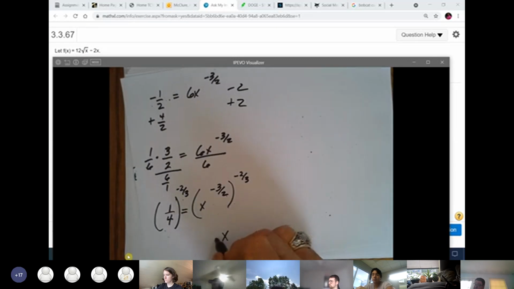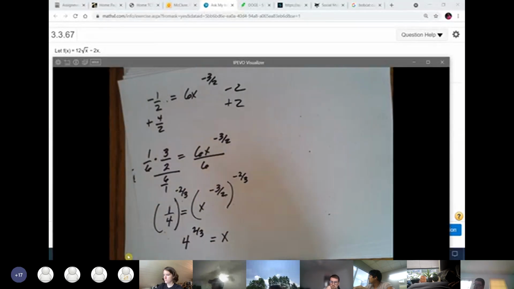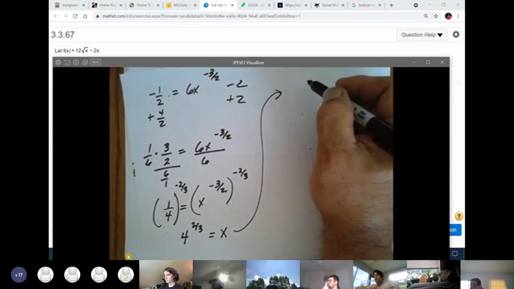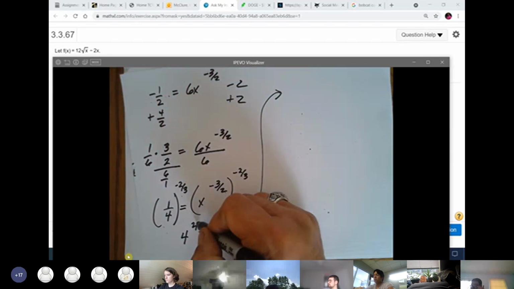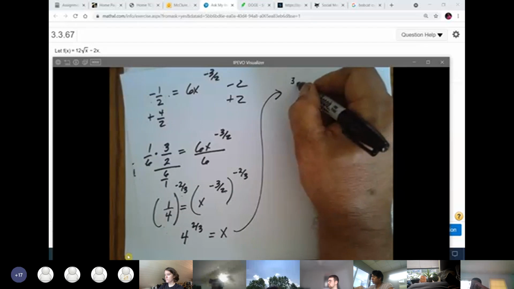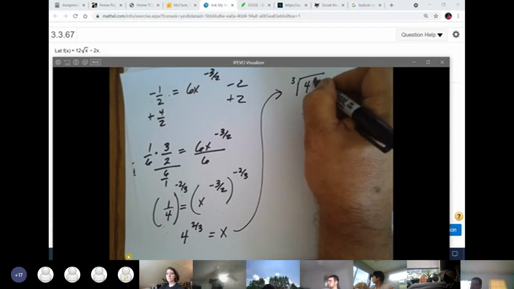And x is equal to 4 raised to the 2/3 power. And 4 raised to the 2/3 power is the same thing as saying exponent over index. So that's the 3rd root of 4 to the 2nd power.